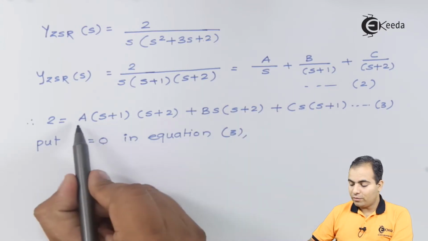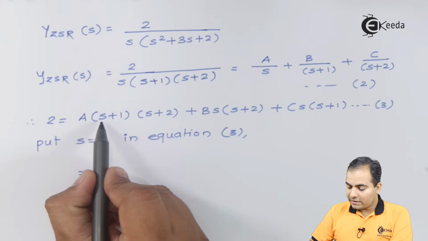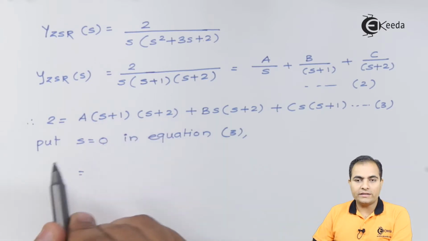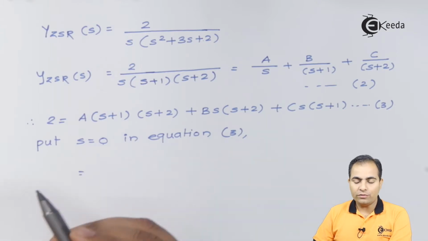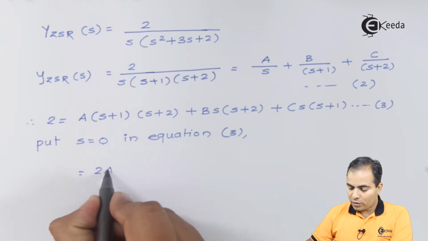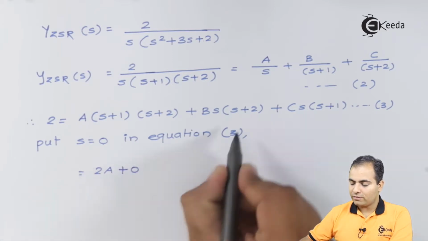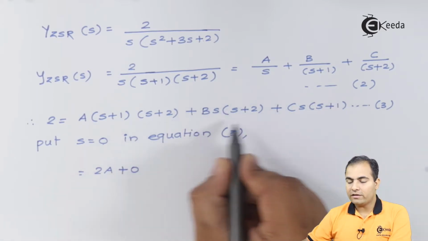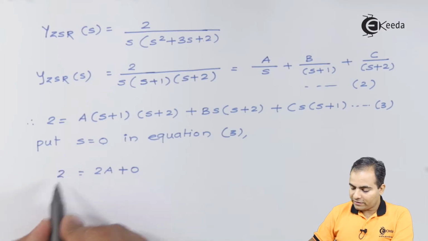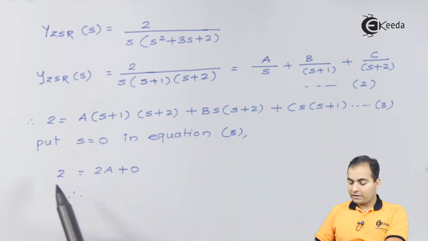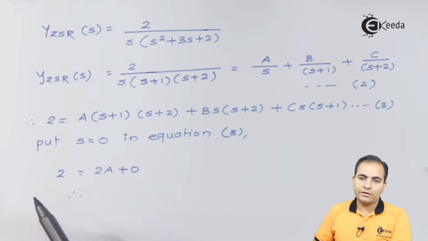Now, we'll move on to this part. Here S is replaced by 0, so we have only 1 and 2 inside this bracket. And 2 into 1 is 2. So we have twice of A on the right hand side plus 0, which is produced by these two terms, and on the left hand side we have only the 2. If we shift this 2 to the left hand side, this 2 will get cancelled and the answer of A is 1.